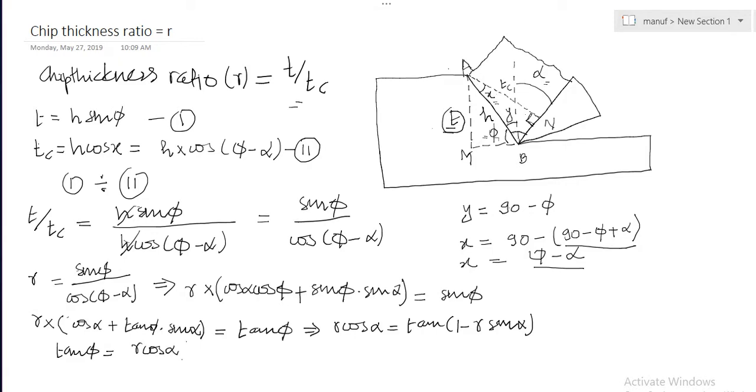This is our standard relation for determining the shear angle if the rake angle and the chip thickness ratio are given. This is the important relation, and several questions have been asked till now based on this formula. So I can say this is important, and now we will solve problems on this formula.